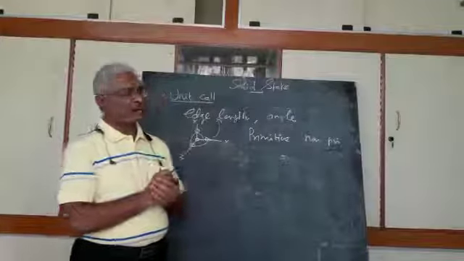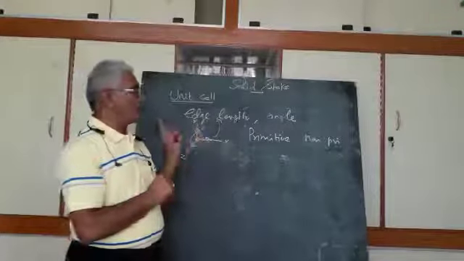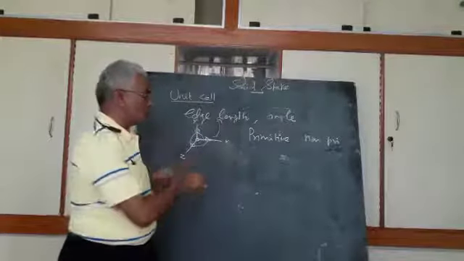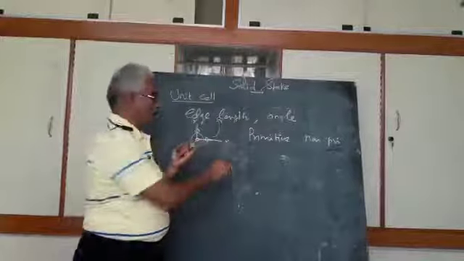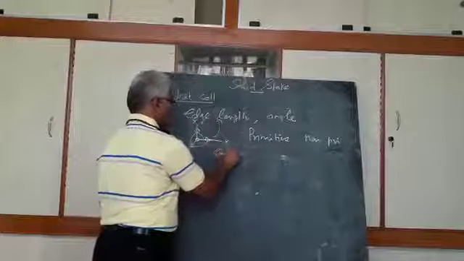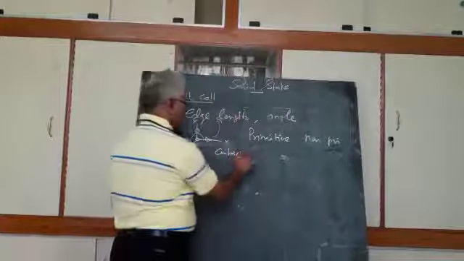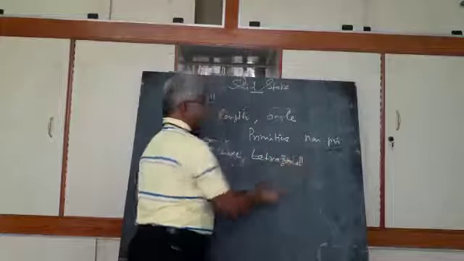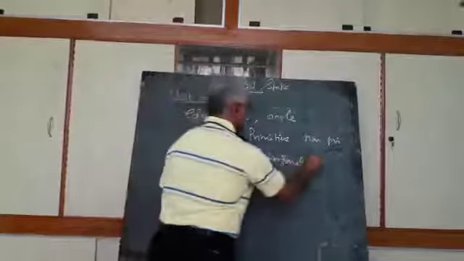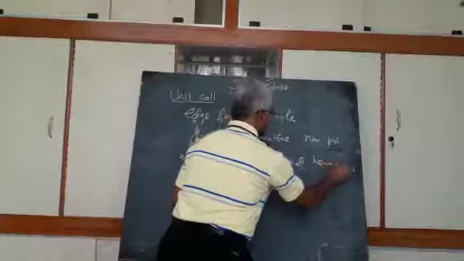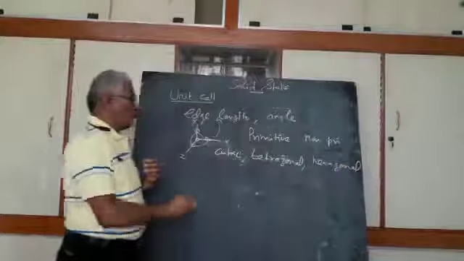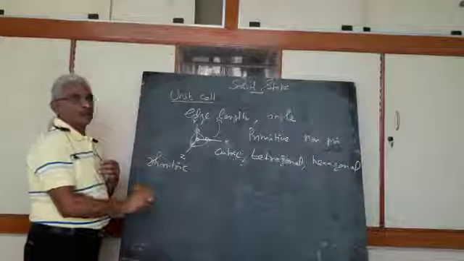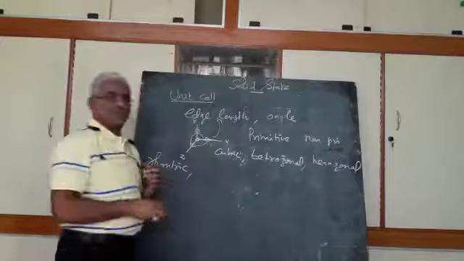Crystallographers identified 7 types of primitive unit cells. Yesterday I told you, the first is the cubic unit cell. Second is tetragonal unit cell. Third is hexagonal unit cell. Fourth is rhombic unit cell. Just try to know the names.